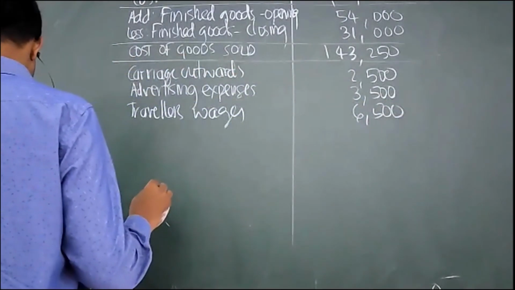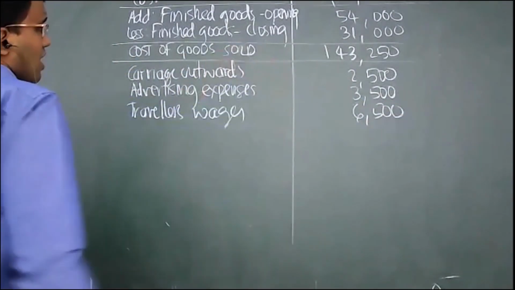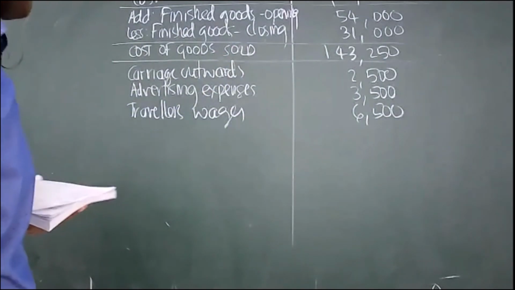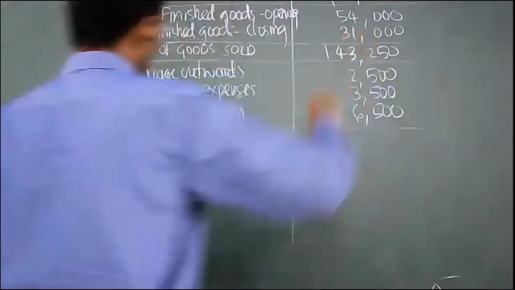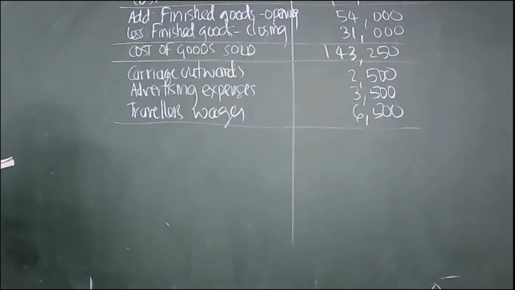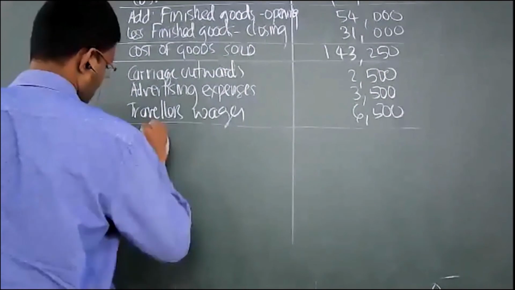This is the sum total of your selling and distribution overhead. When you add your selling and distribution overhead to your cost of goods sold, the resulting value is your total cost.